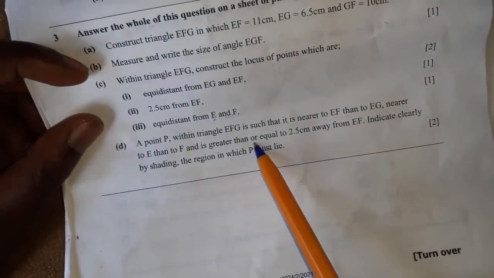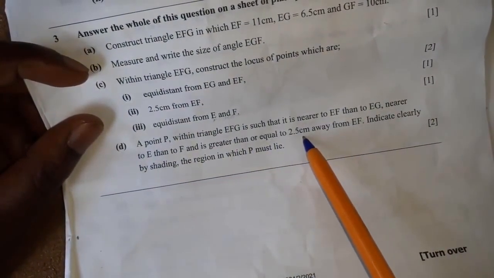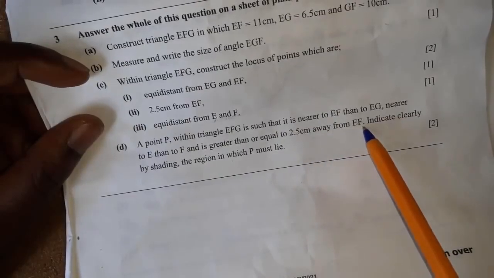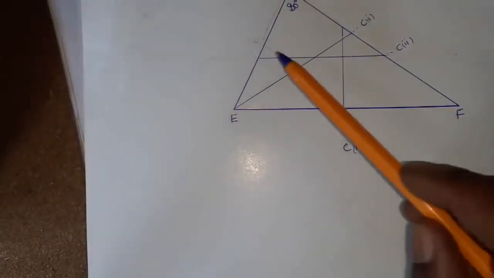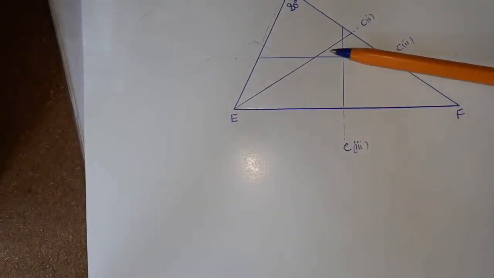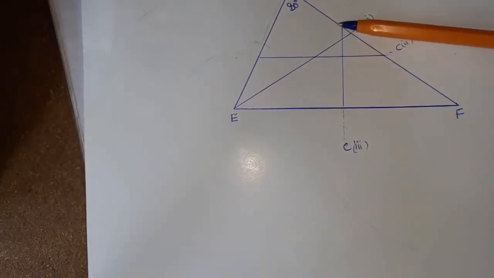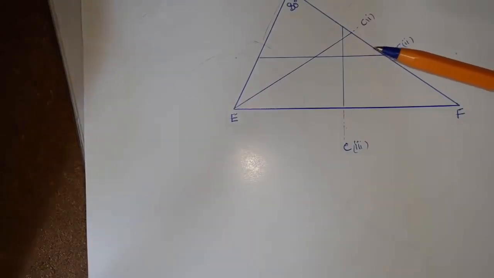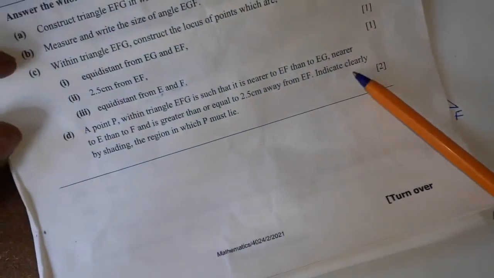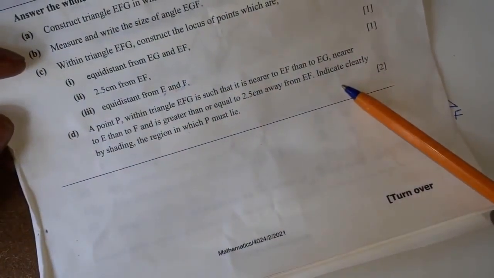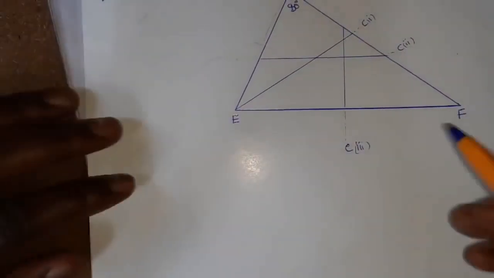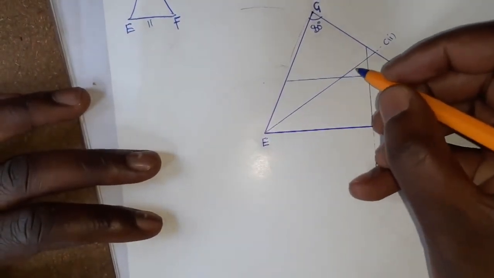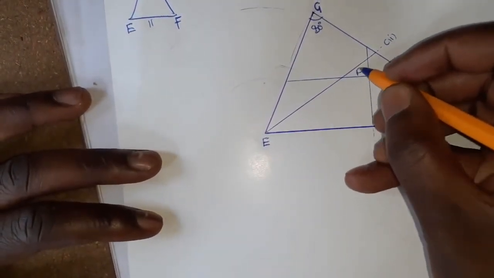And it's greater than or equal to 2.5 centimeters away from EF. So 2.5 is this one. So greater than, it means on top, on this part. Okay? So indicate clearly by shading the region in which P must lie. So you will discover that the region is going to be this one.